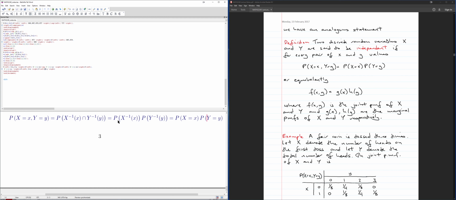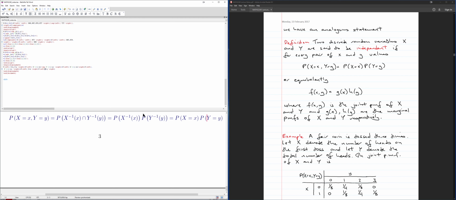Now, X inverse of this event, X inverse of x, means this. You're looking at all the cases where the random variable takes value x, small x, and that in fact is exactly the same as probability X is equal to x.